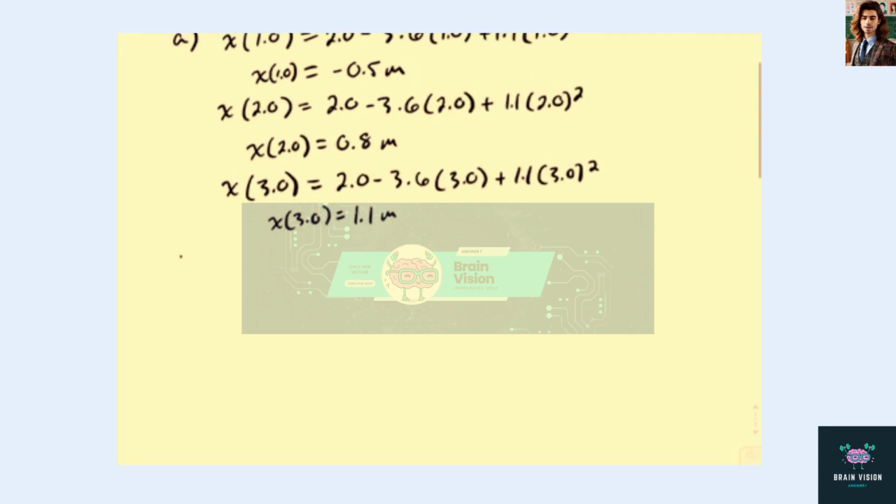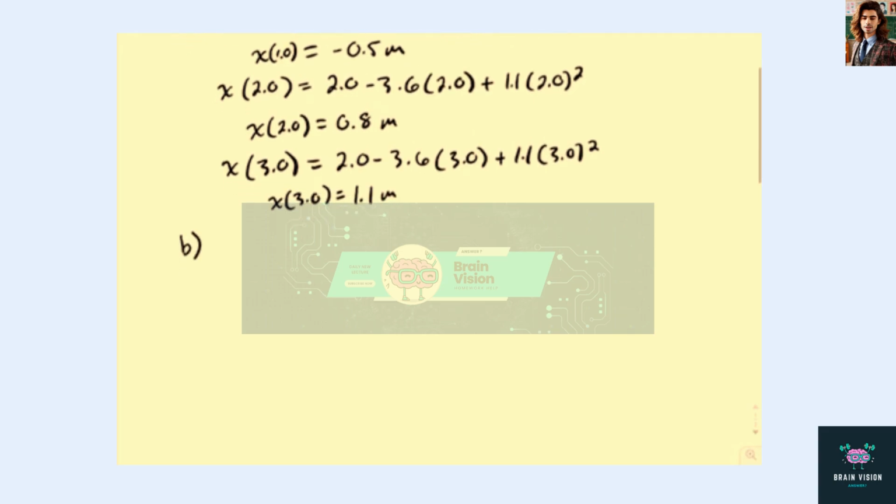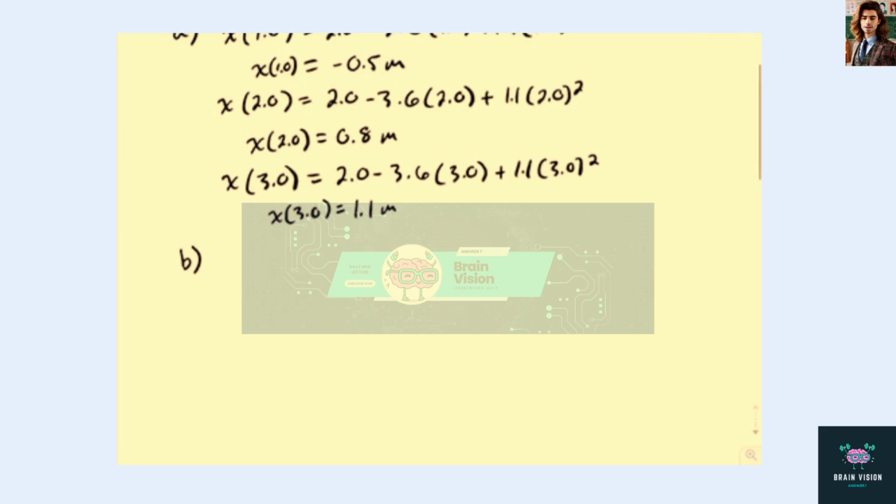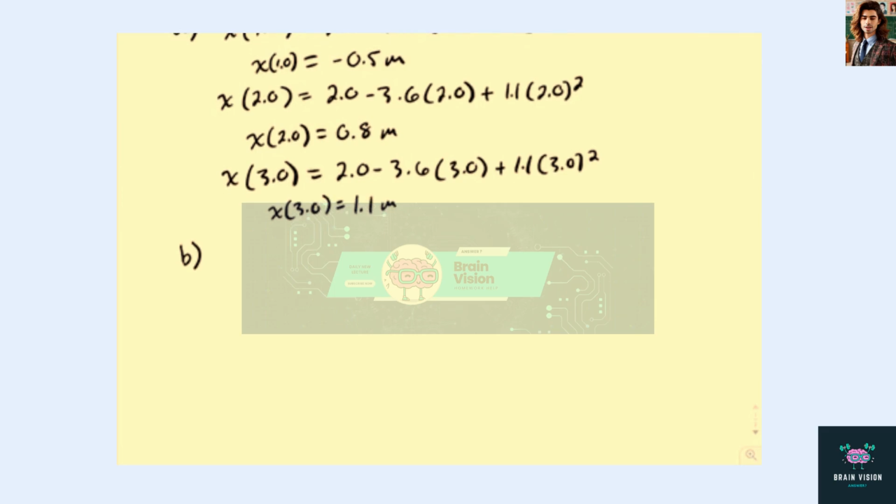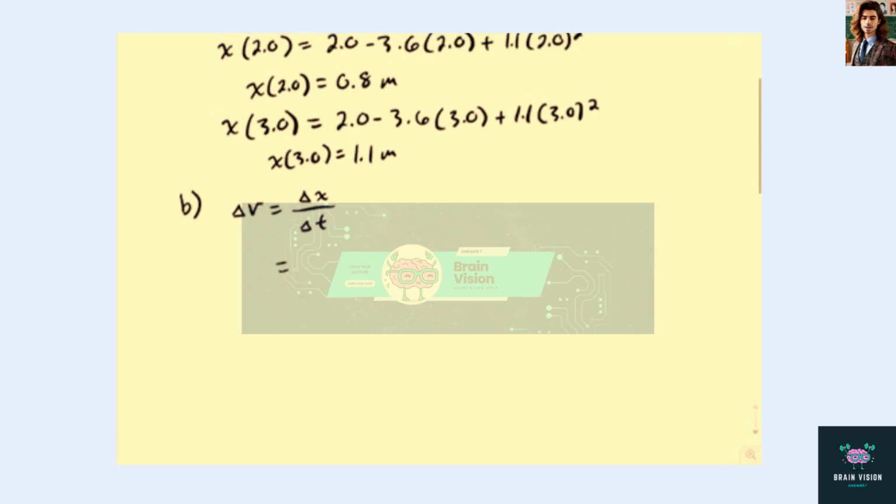Now for the second part, we wanted the average velocity over this interval from 1 second to 3 seconds. And this delta v, what I'm going to call, is delta x over delta t. And so this is going to equal delta x.